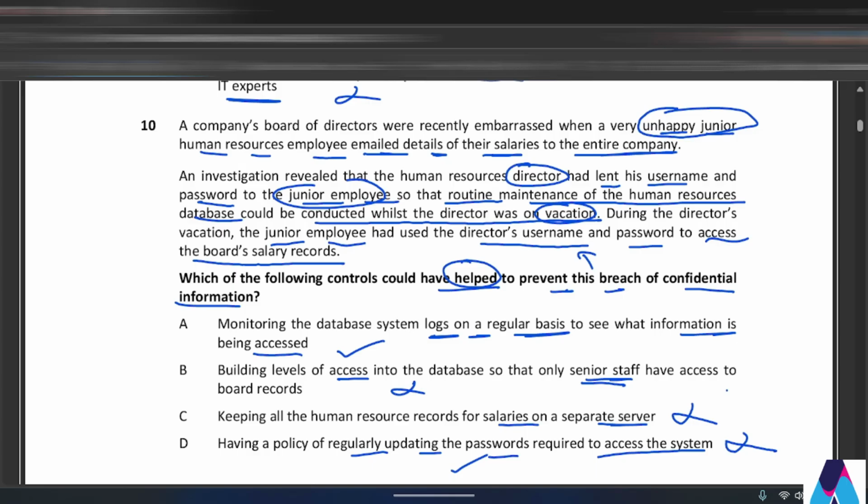If he's on vacation, then who is accessing, right? So I can quickly catch whoever is trying to access the information in the wrong way, right? And I can even see what kind of information is being accessed, right? So if that is the case, then yes, I'll be able to catch him before he does anything that harms the company. So part number A is the most suitable answer.